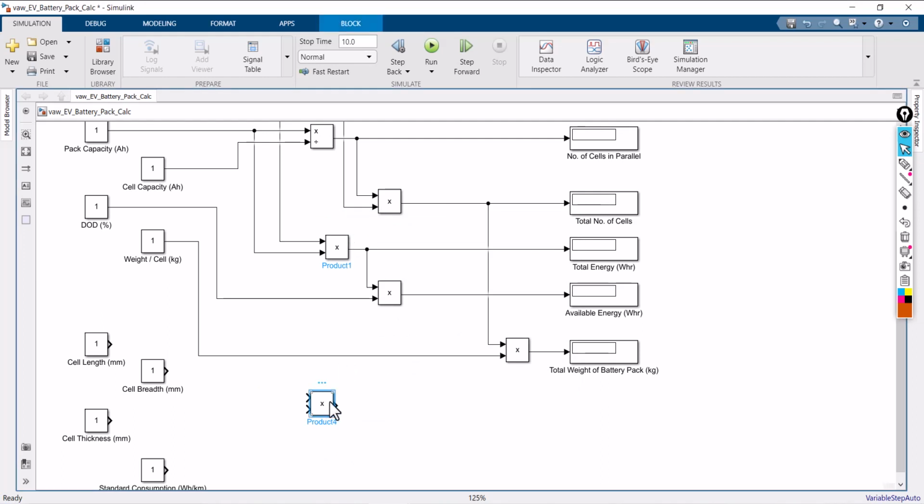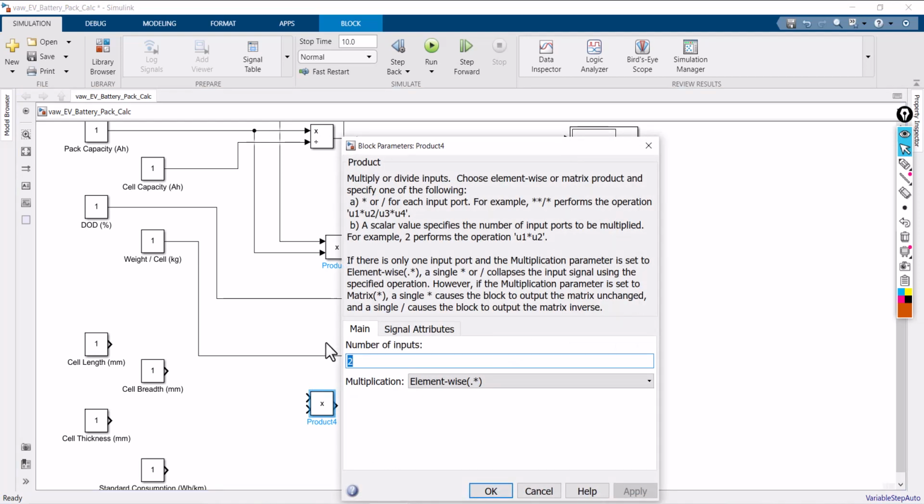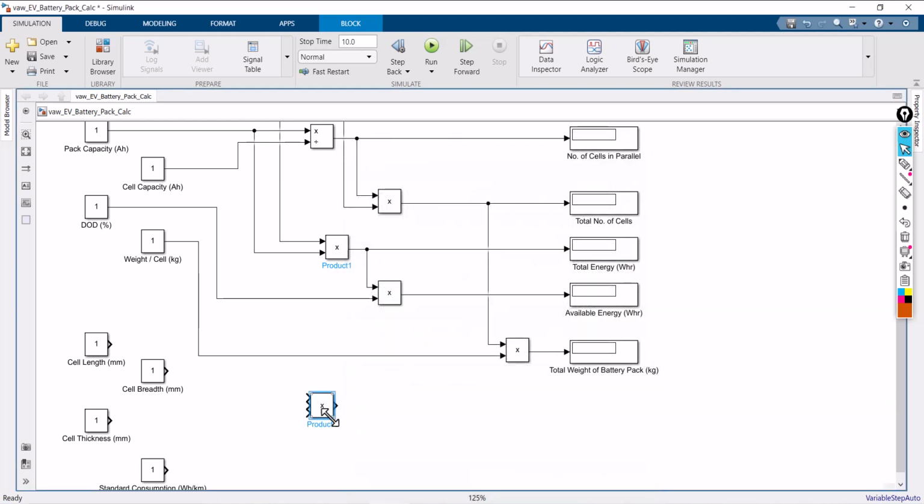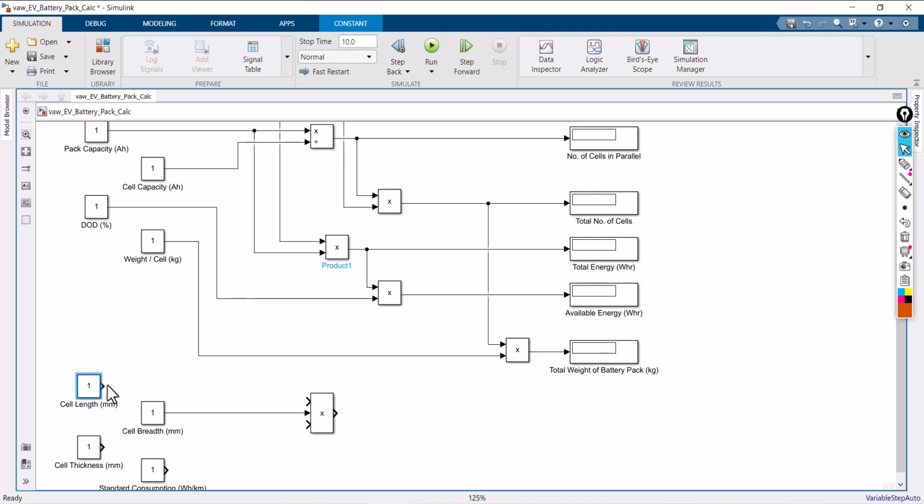You can change the number of inputs in the product block; it needs 3. This will give you the volume of a single cell. The unit is cubic millimeter, right?